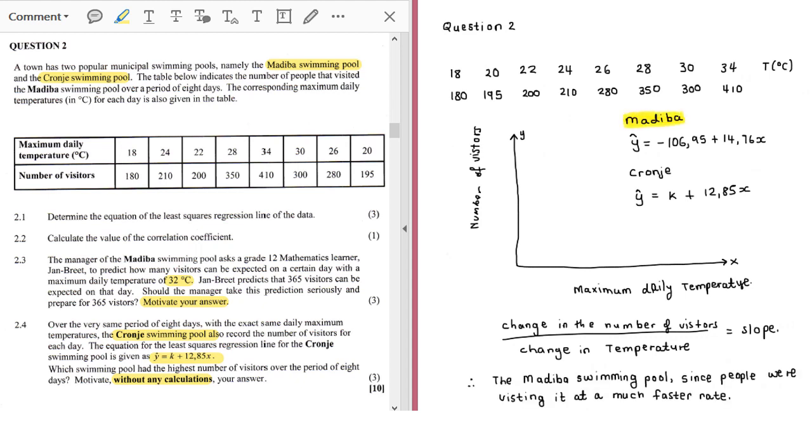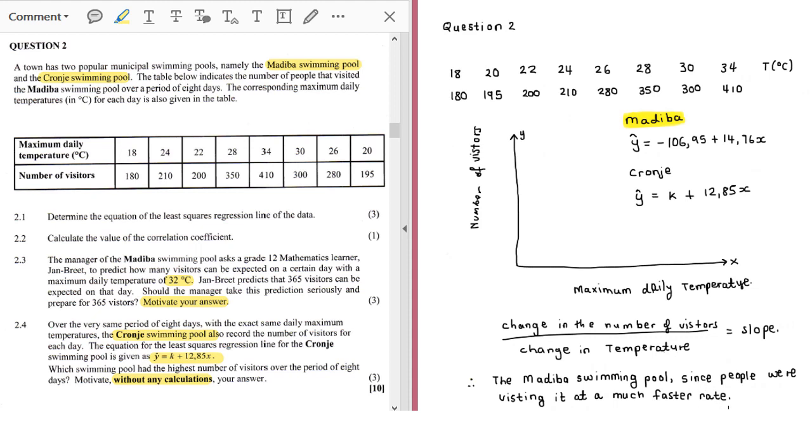Hopefully you're able to follow this logic. We're saying that the Madiba swimming pool had the highest number of visitors over this period of 8 days, because we noticed that people were visiting the Madiba swimming pool at a much faster rate compared to people visiting the Kunja swimming pool. And where did we get this idea of rate?